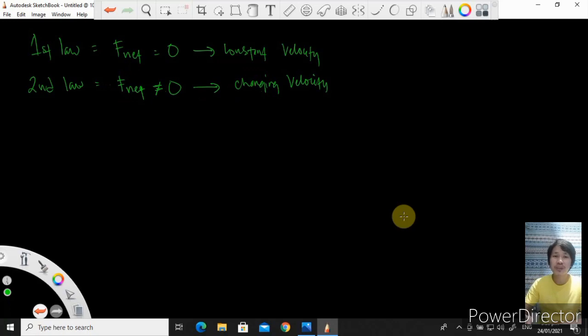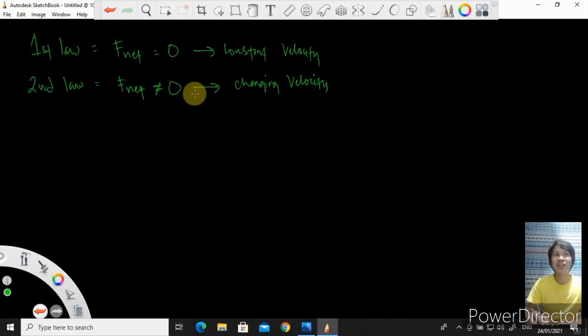Pwede mo nga i-interpret ito na ganito eh. Pwede mo nga sabihin na yung second law is actually the consequence of the first law. Kasi, ang sabi sa first law, kapag zero yung net force, objects move at a constant velocity. O what if the net force is non-zero? What if may value yung net force? Ano daw mangyayari? O kapag may value yung net force, hindi siya zero, it is non-zero, then the object moves at a changing velocity. O, nakita yung relation ng dalawa.